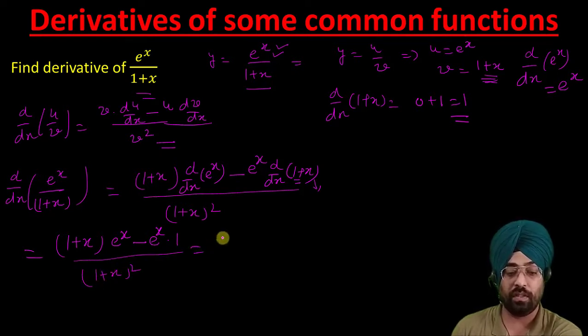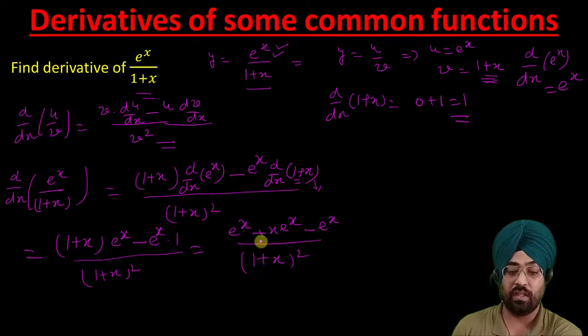So it becomes e raised to the power x plus x e raised to the power x, I have opened this bracket, now minus e raised to the power x, divided by 1 plus x whole square. This e raised to the power x gets cancelled. So your answer is x e raised to the power x upon 1 plus x whole square.